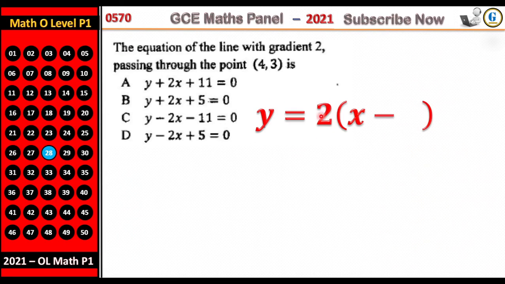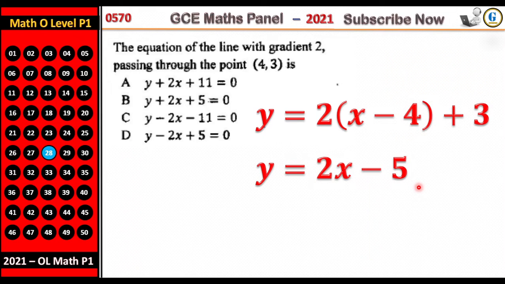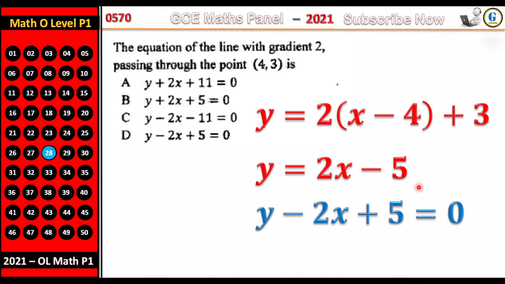So we have y equals 2 into (x minus 4) plus 3. Expanding, we have y equals 2x minus 5, and in the form ax plus by plus c equals 0, we have y minus 2x plus 5 equals 0. So our key here is D.